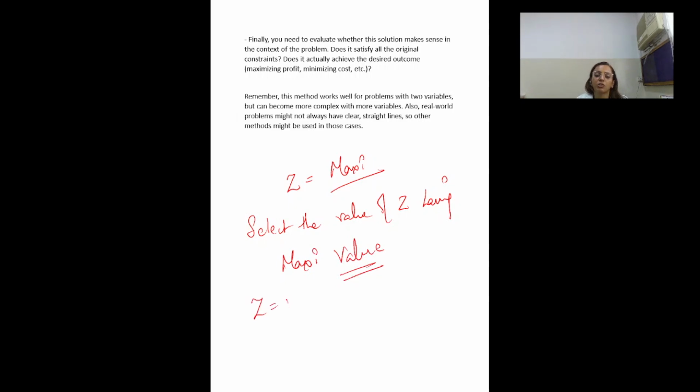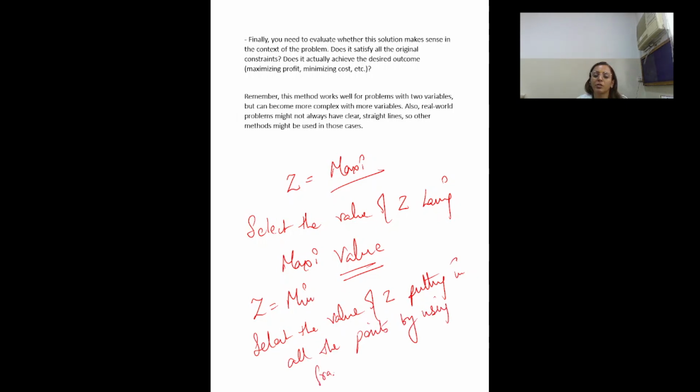But if Z is to be minimum, what we do is we put in all the points by using graph paper, and then find the minimum value of Z from all.